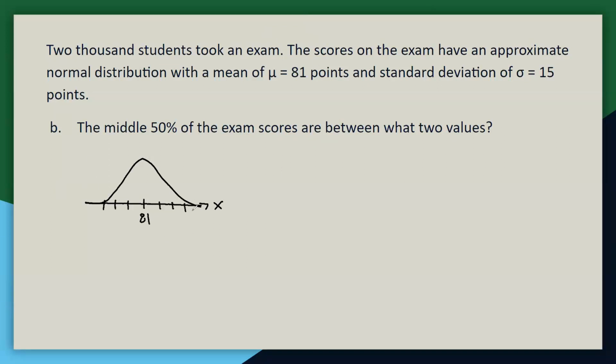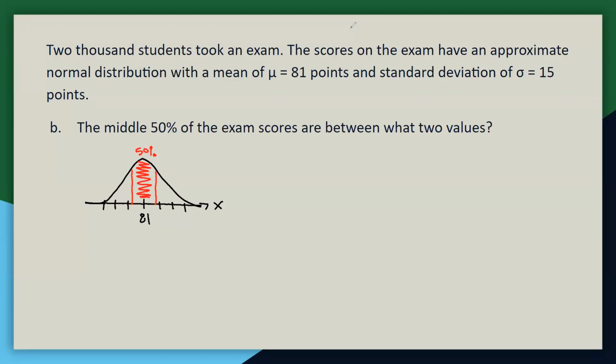We know that according to the empirical rule, the middle 68% is between 1 standard deviation below and 1 standard deviation above. 50% should be inside of that first standard deviation. So we know that this is 50% here in the middle. Well, we also know something else.